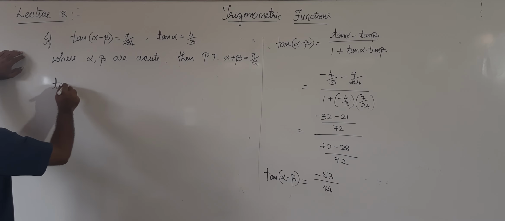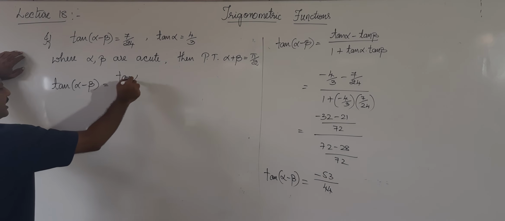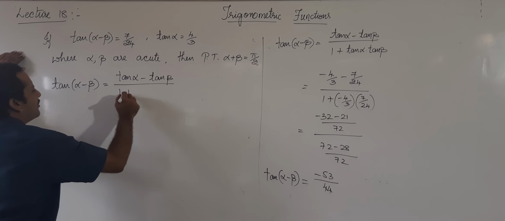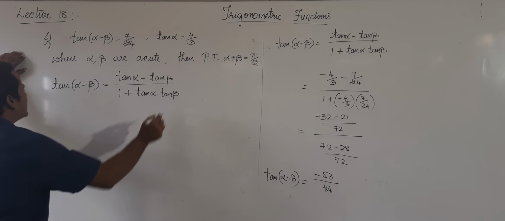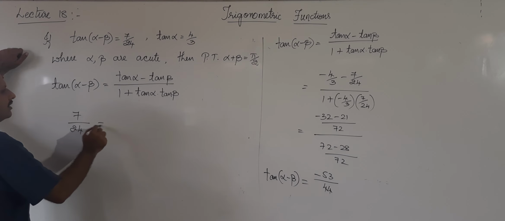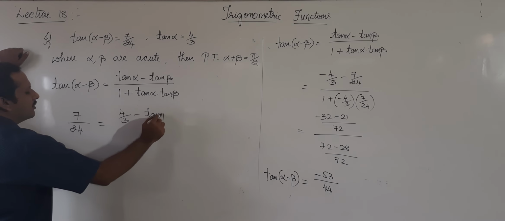tan(alpha minus beta), you know one formula. What is that formula? That is equal to tan alpha minus tan beta divided by 1 plus tan alpha into tan beta. In this tan(alpha minus beta) we know, substitute 7 by 24. Tan alpha is 4 by 3. Tan beta we don't know.